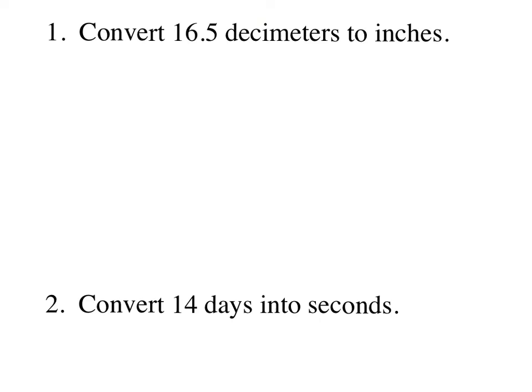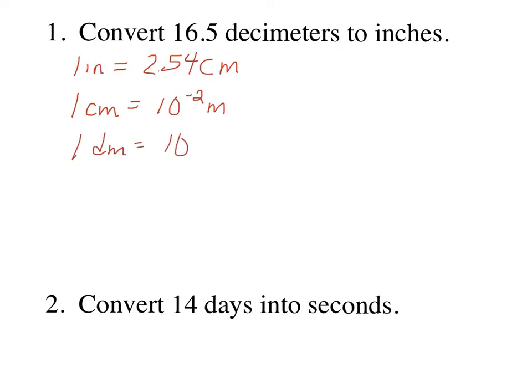Here's what we know. 1 inch is the same thing as 2.54 centimeters. A centimeter is the same thing as 10 to the negative 2 meters, and a decimeter is the same thing as 10 to the negative first meters.